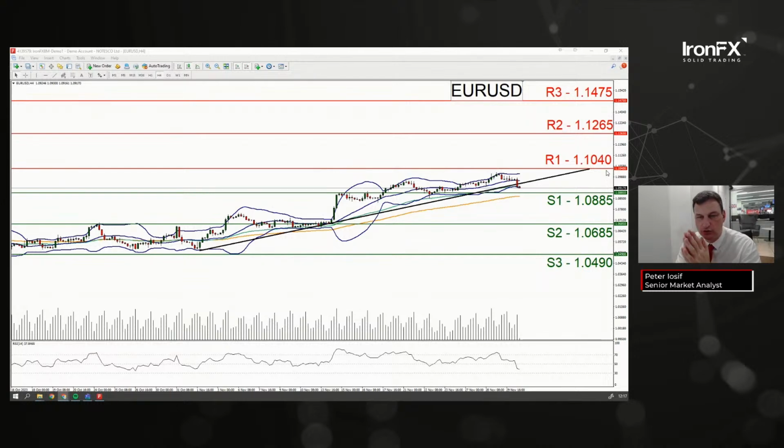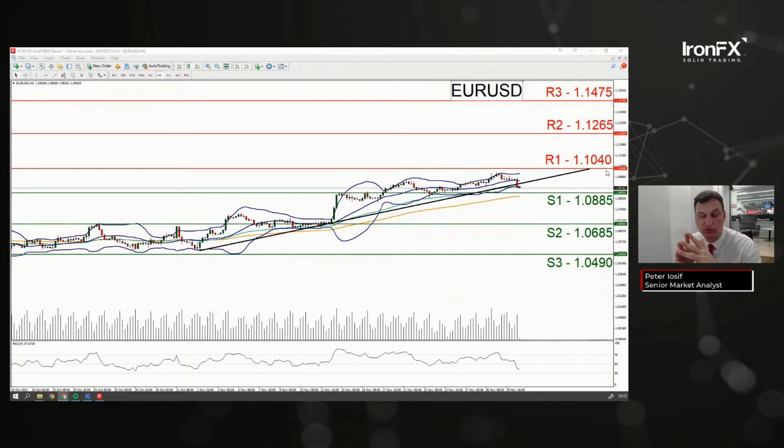So the day is still not over for the pair. And once again, I would be highlighting the US core PCE price index. It's the Fed's favorite inflationary measure, and a possible wider slowdown than expected could more or less enhance dovish calls for the Fed to actually proceed with a rate cut by May next year.